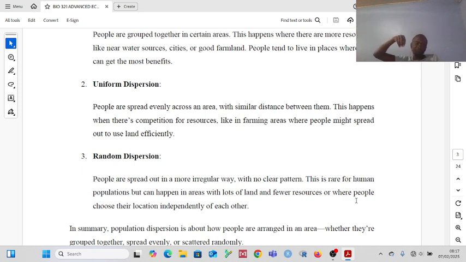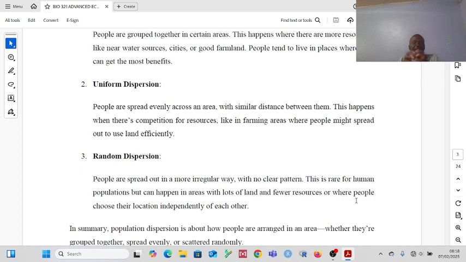Because this land is not anyone's. So I can live here, another lives there, another lives over there. And there isn't water in a certain place so that we all move there for water and become clumped. No. So with the random dispersion, you find organisms distributed in a random way. Okay? So you don't have a clear pattern. And this will happen mostly where there is a lot of land but very few resources.